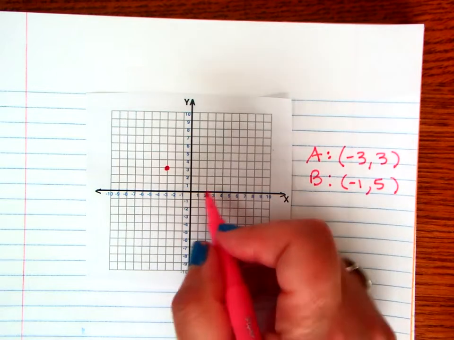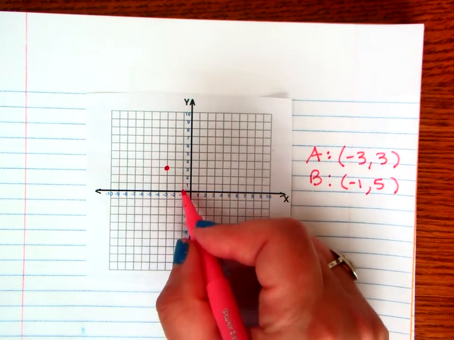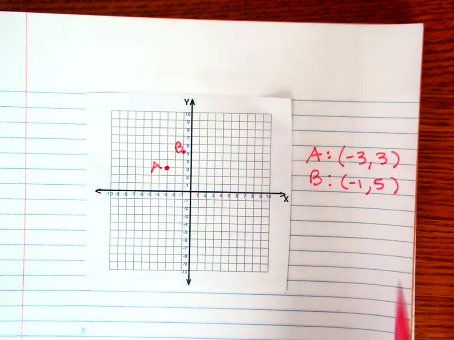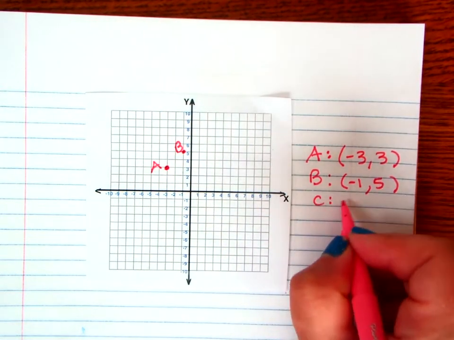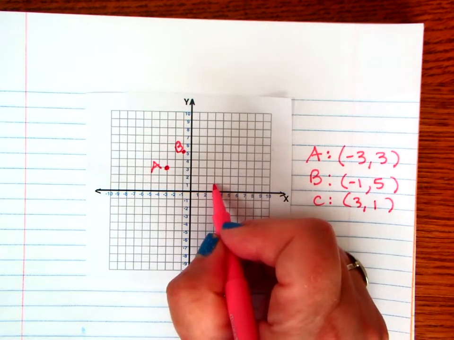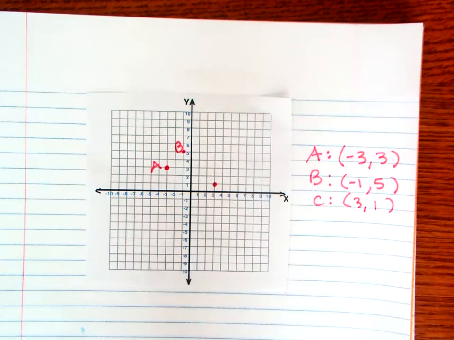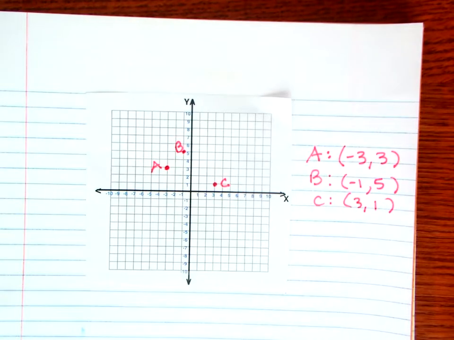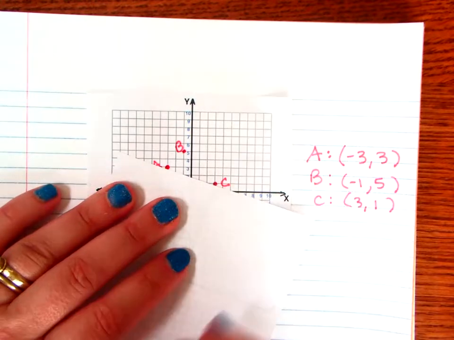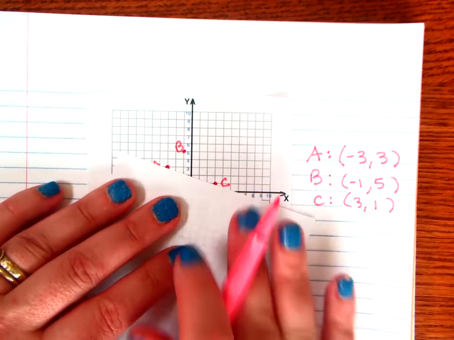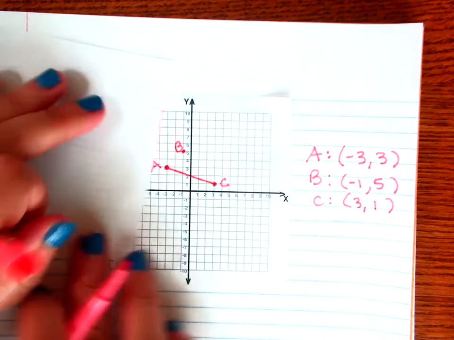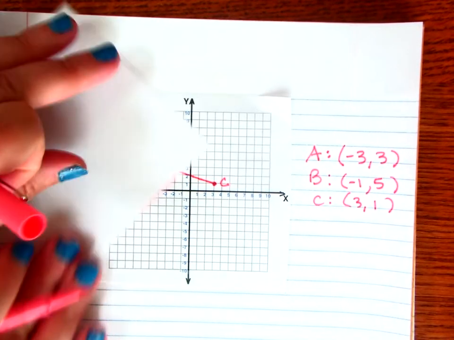Negative 1 up to positive 5. There's B. So this is A, and then B. And then the third point will be 3, 1. So this is that triangle. All right, and I'm going to use a straight edge, but not a ruler, since I forgot to grab one. So here's your 3 points and your triangle.